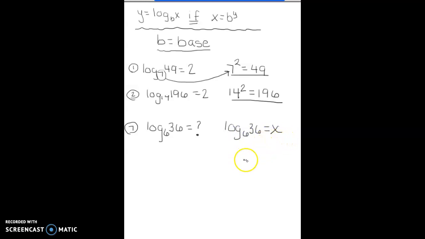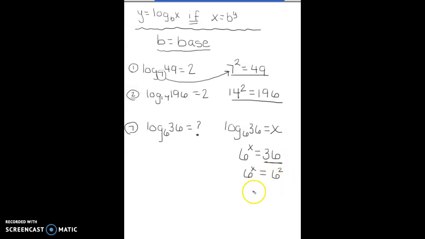Then when you rewrite it into exponential form, you have 6 to the x power is equal to 36. Well, we know that that's going to be squared, but why is it squared? It's squared because 6 to the x power equals, and remember how we took these numbers and put them in their base form? That's 6 squared. 36 is the same as 6 squared.